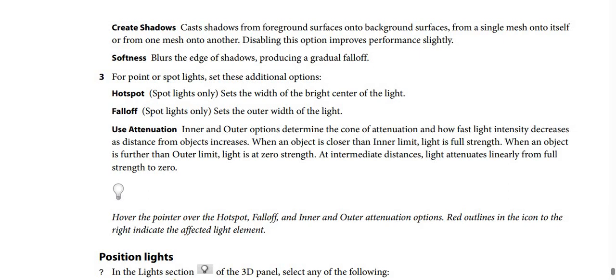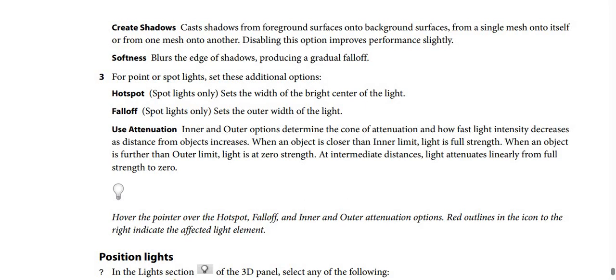And the next option, use attenuation. Use attenuation means that inner and outer options determine the cone of attenuation and how fast light intensity decreases as distance from objects increases. When an object is closer than the inner limit, light is full strength, by the way, and when an object is further than the outer limit, light is at 0 strength.